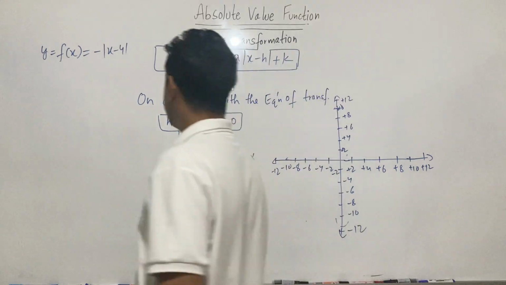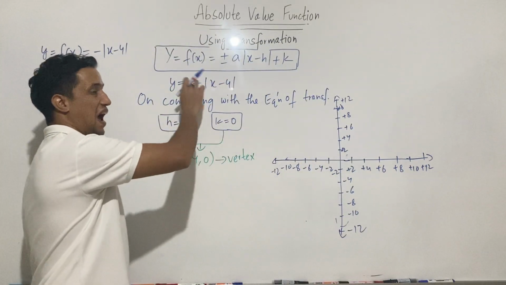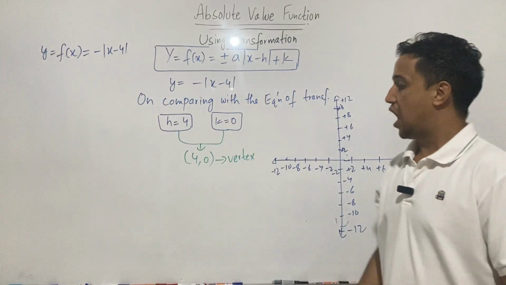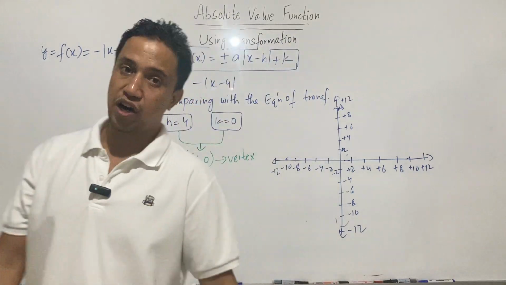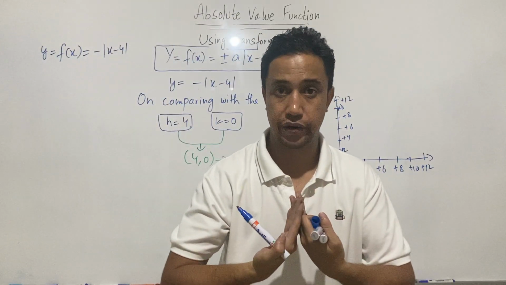Now one thing is clear: because outside this modulus function I have a negative sign, whatever curve I get is going to open downward. Why?